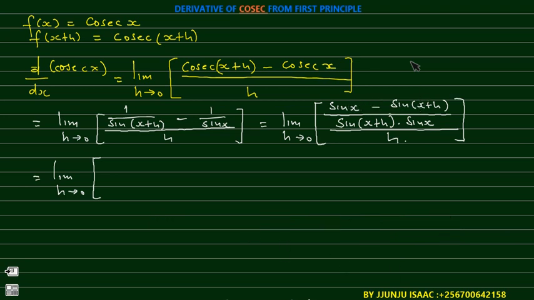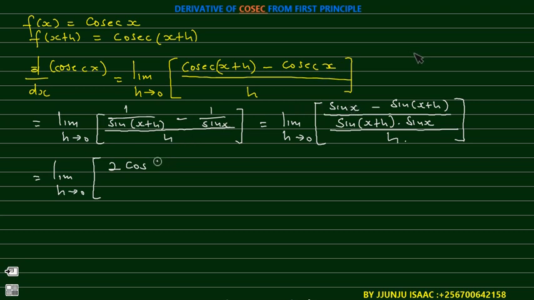So that's right. This is going to be 2, I beg your pardon, it is 2 cos. Now I'm going to take A plus B, that means x plus h divided by 2. This will be 2x plus h divided by 2, which is x plus h over 2.